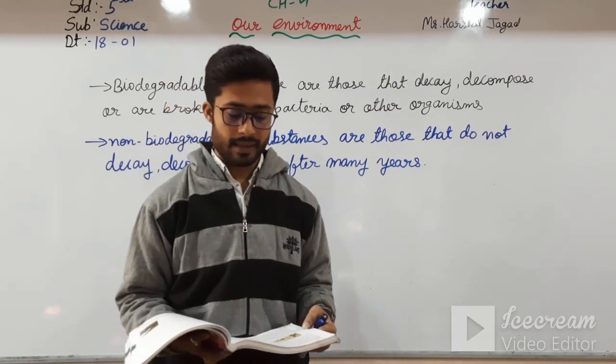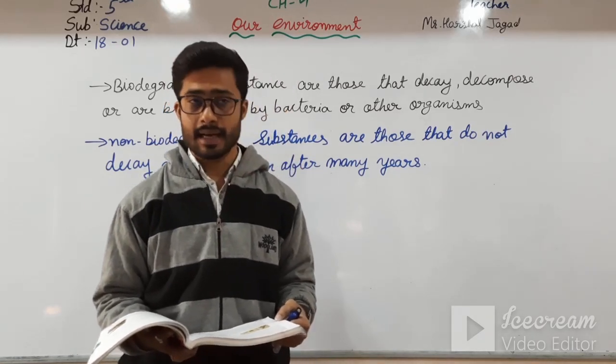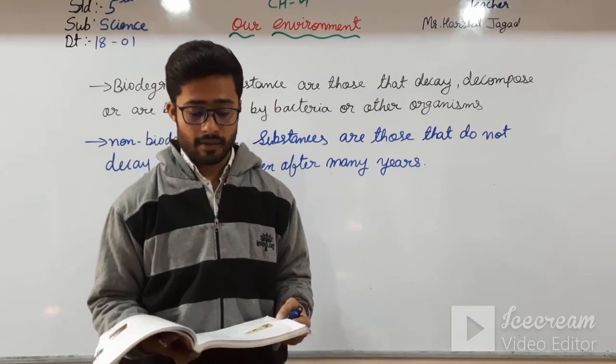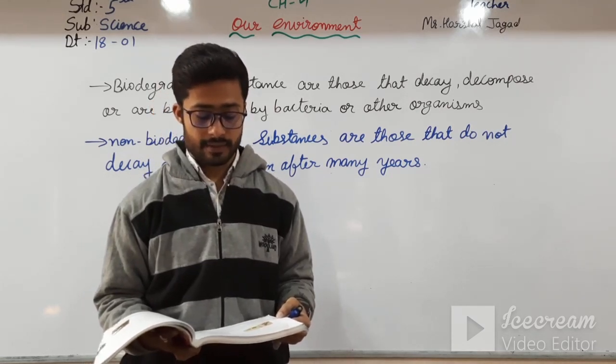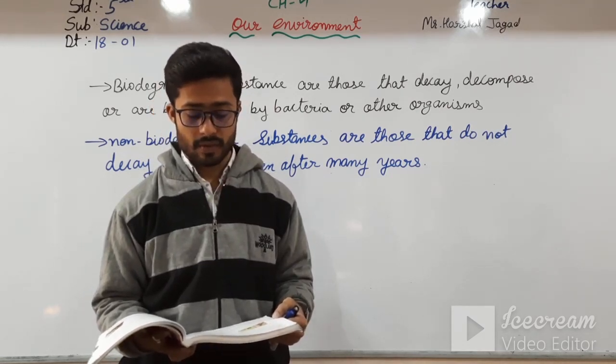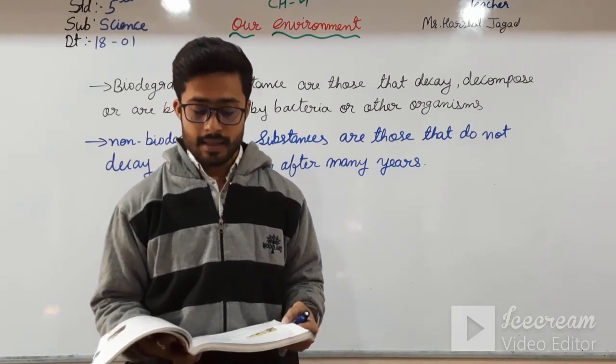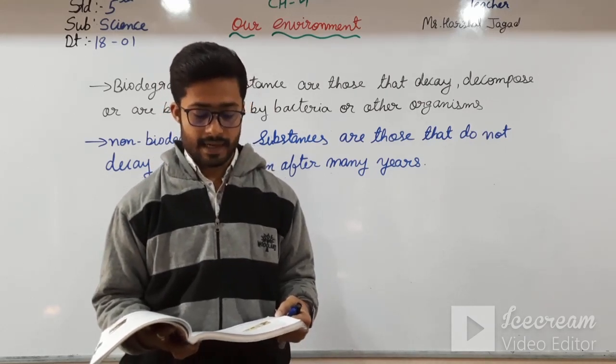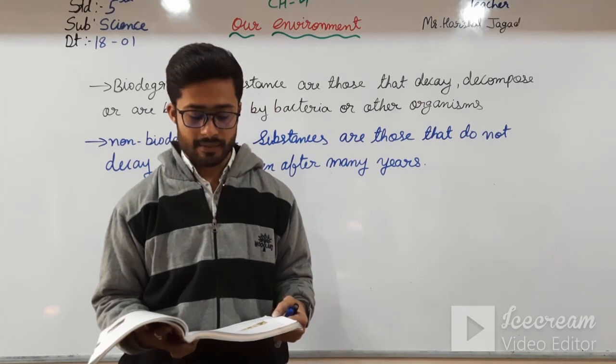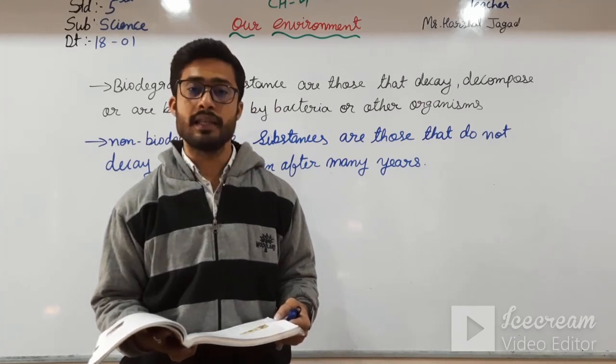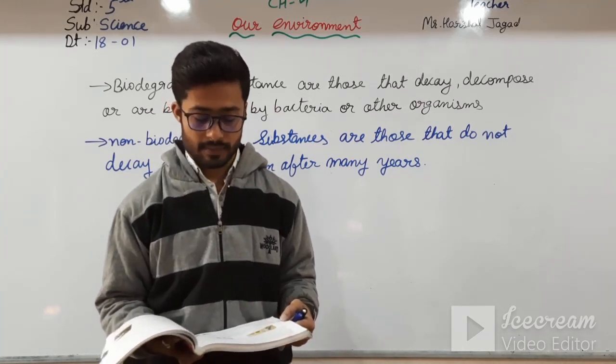And non-biodegradable substances are those that do not decay or decompose even after years. Some examples are plastic, glass bottles, tin cans, and so on. Some of them can be recycled, and attempts are being made to find a way to recycle all the non-biodegradable substances.